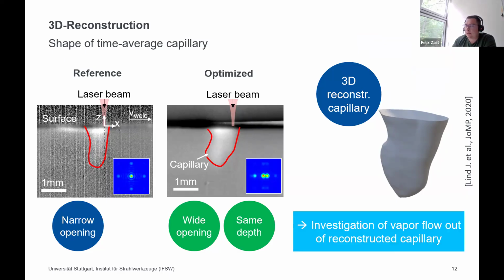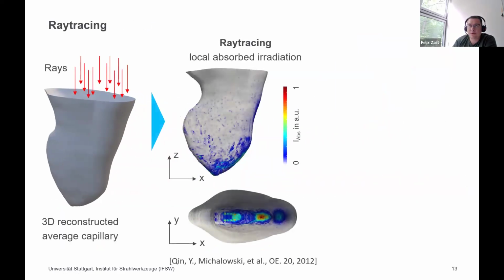And then we can investigate the vapor flow out of the reconstructed capillary, which was the goal of this research here. So now with the reconstructed capillary, we applied ray tracing.